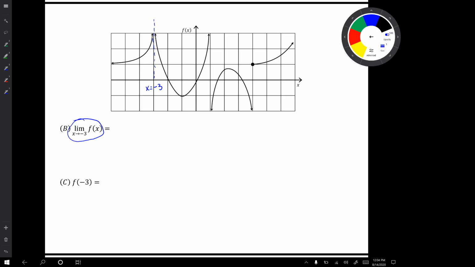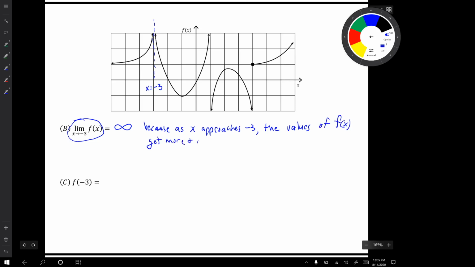Or we could say, as x gets closer and closer to negative 3, but not equal to negative 3, the y values get more and more positive without bound. So the abbreviation for those sentences that I just spoke is this. We say that the limit is infinity, and we write this symbol. And so I'll write down, by way of explanation, that sentence that I just said about the graph behavior. So as x approaches negative 3, the values of f of x get more and more positive without bound.